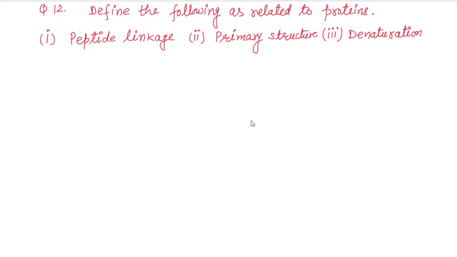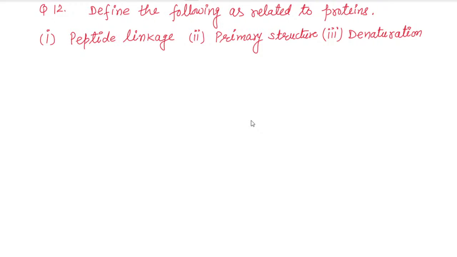Proteins are formed by condensation reaction between alpha amino acids, and proteins are actually condensation polymers of alpha amino acids, in which same or different alpha amino acids are connected by CONH bond, and that CONH bond is called peptide linkage or peptide bond.